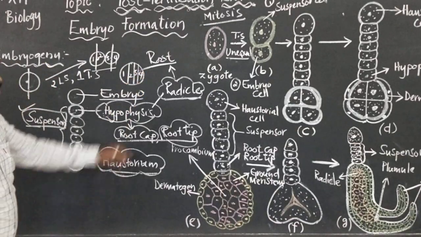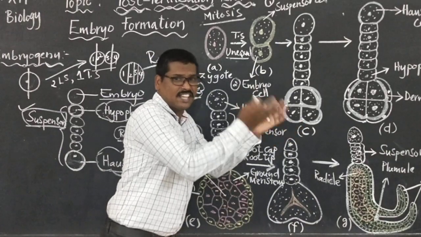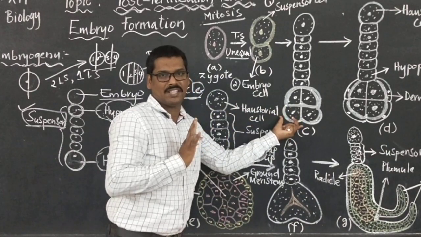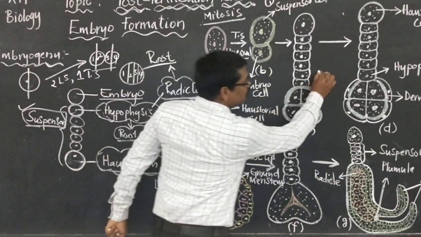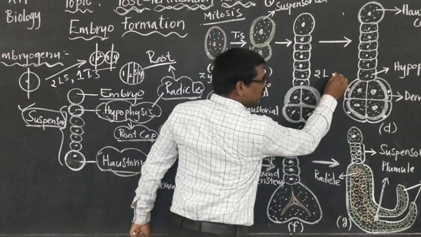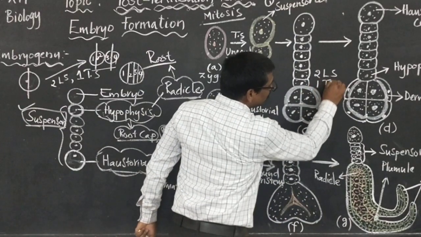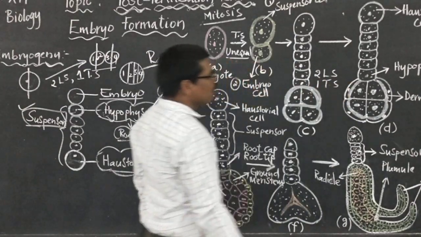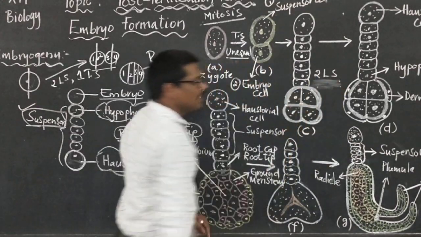So here are those 4 cells we are seeing in the diagram. This is only in a schematic way, in a diagrammatic form we are seeing. So these 4 cells are formed by what? It is by 2 longitudinal divisions it will undergo.